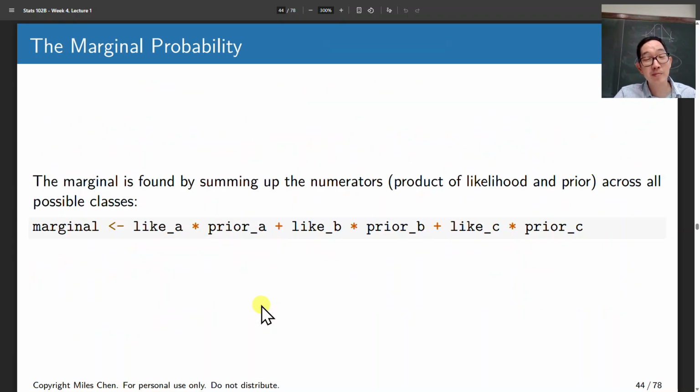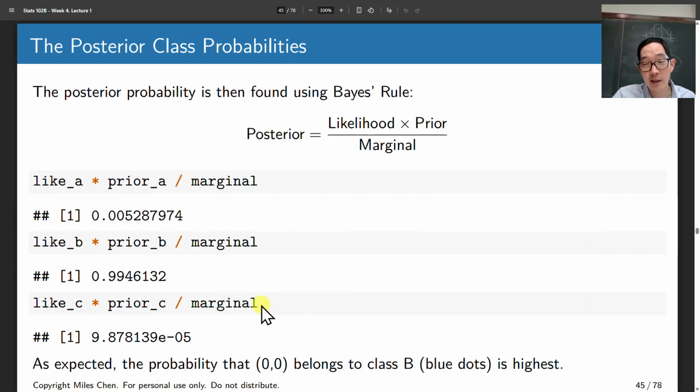So that's what we have for that observation.